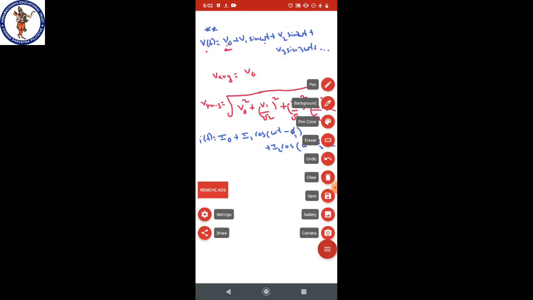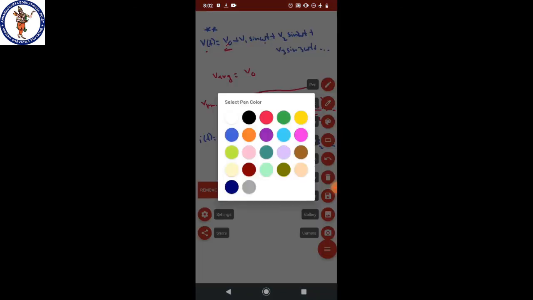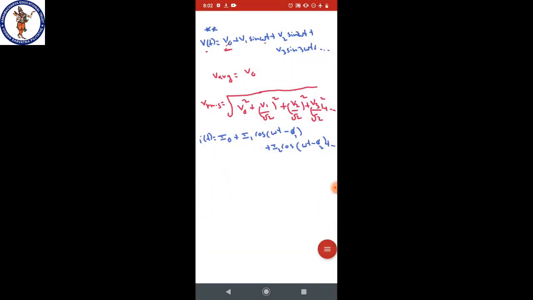Now find the average and RMS value of this circuit. Always this is the question. Using this function, you will get only I naught as the average value, because it is the only DC quantity. That's why I average equal to I naught.